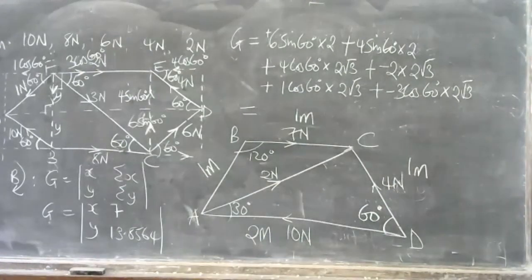Forces of magnitude 10n, 8n, 6n, 4n, 2n, 3n, and 1n act along sides BA, BC, CD, DE, FE, FC, and FA, respectively, of a regular hexagon of side 2 centimeters.